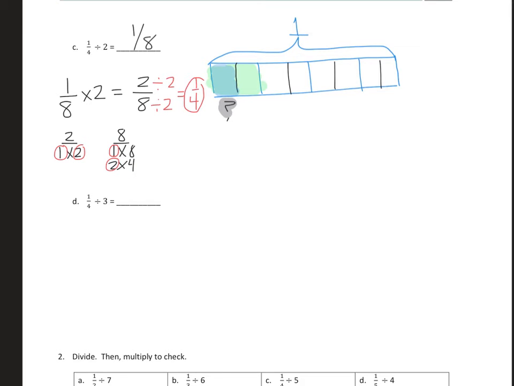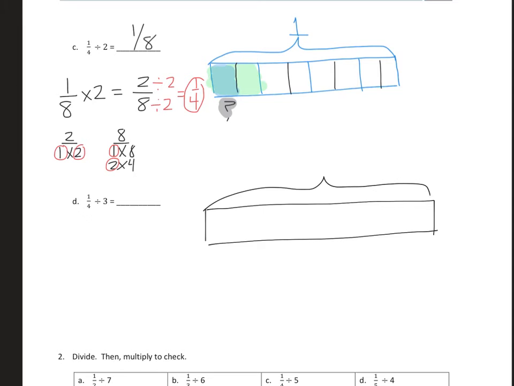We have 1/4 divided by 3. So we do our tape diagram, and we say this is our whole, and we're going to model what 1/4 looks like by doing 3 lines, and I'm going to shade in this 1/4 right here. Now this one little piece that I'm shading needs to be divided into 3 pieces, so we need to do 2 lines, and 2 lines in all the other fourths.